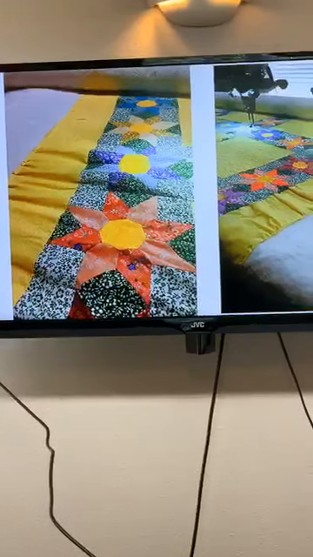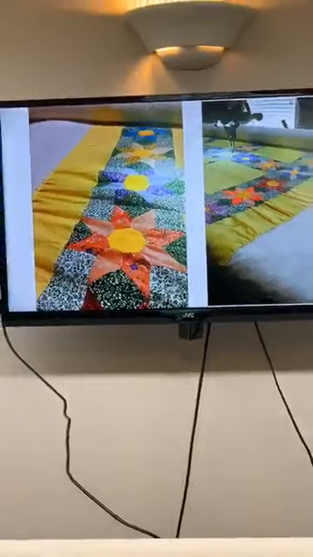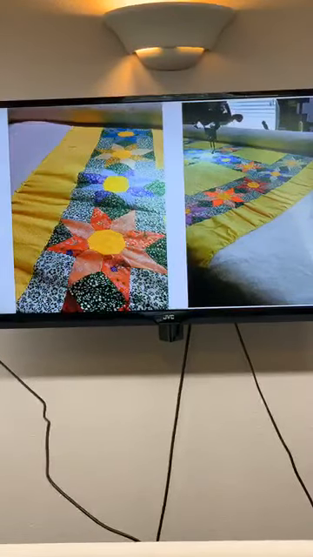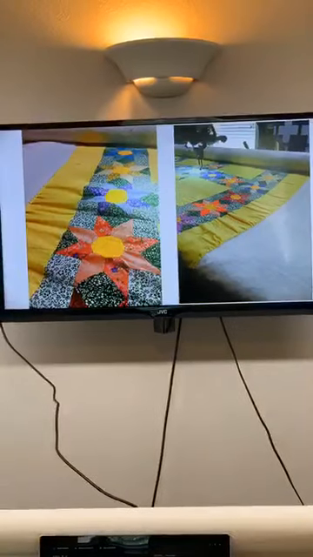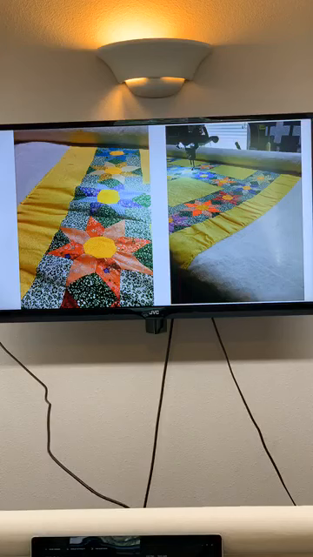Here's a bit more extreme border issue with this quilt. You can see both the left side of it and the right side of it. The reason that she had trouble was she had an inconsistency in the size of her blocks, as well as the way that she sewed on her borders. I was able to get most of this done.